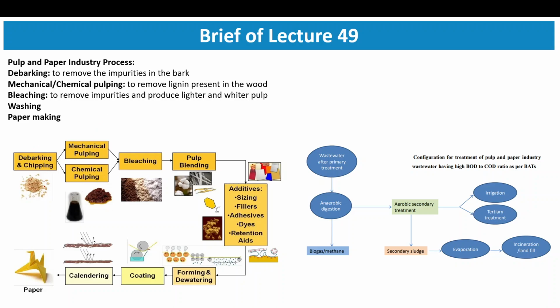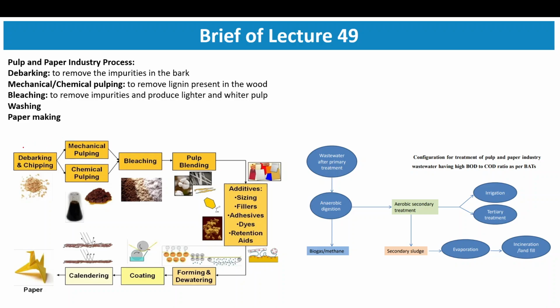Paper is mainly generated from a wood source, by converting cellulose into pulp, and that pulp is converted into paper.